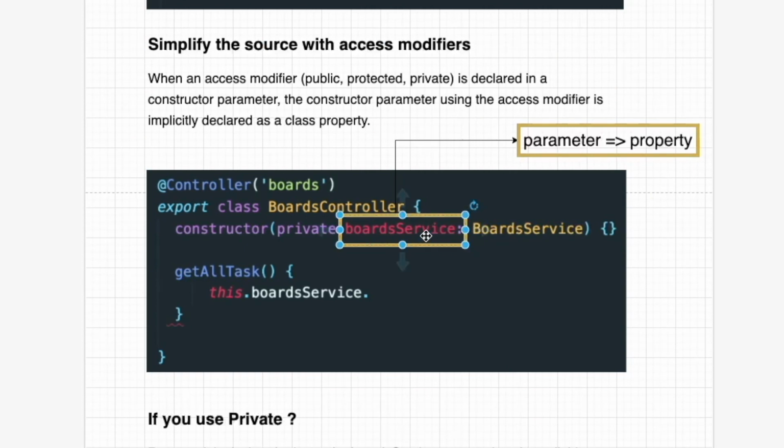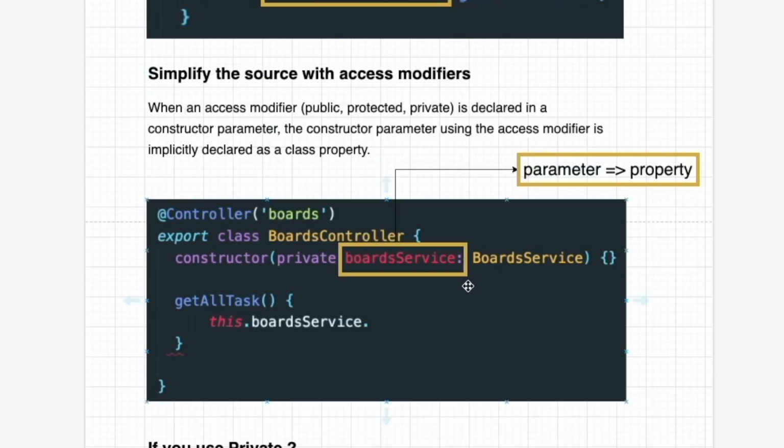Without this access modifier, it was a parameter. But after we declare it with the access modifier inside the constructor, this parameter implicitly becomes a property. So we can just use this property inside this handler like this: this.boardService.